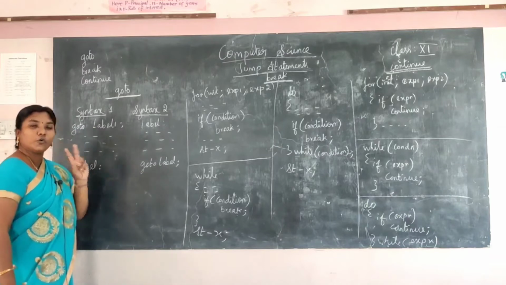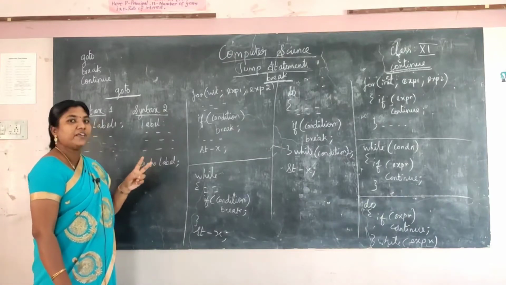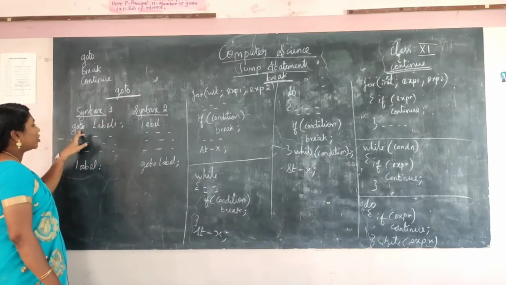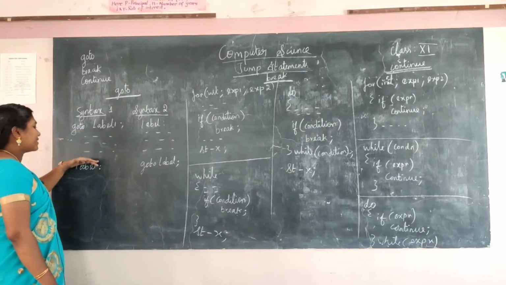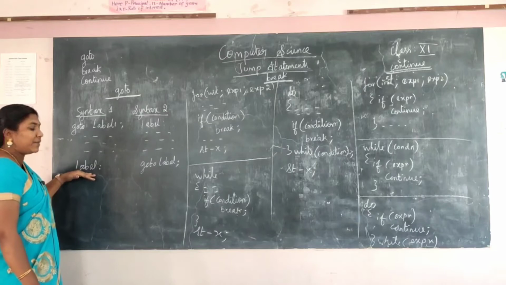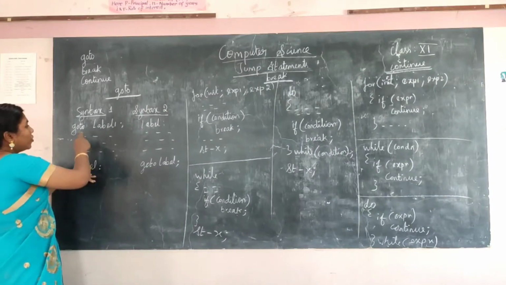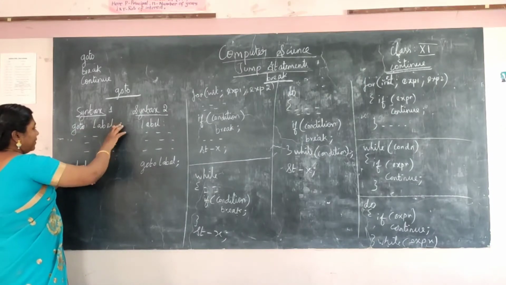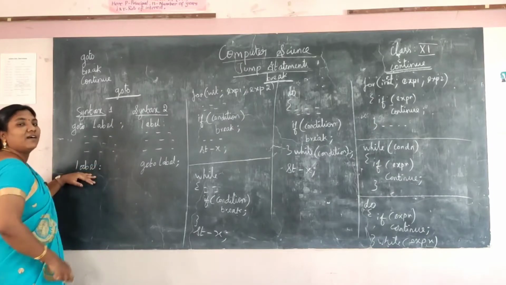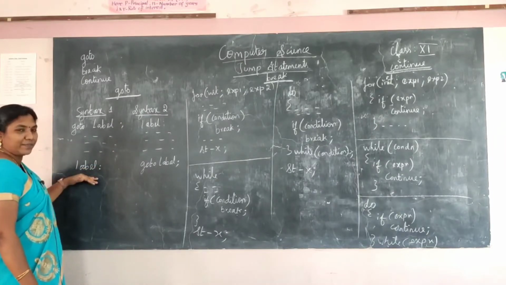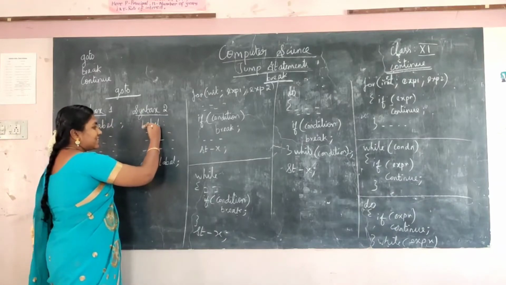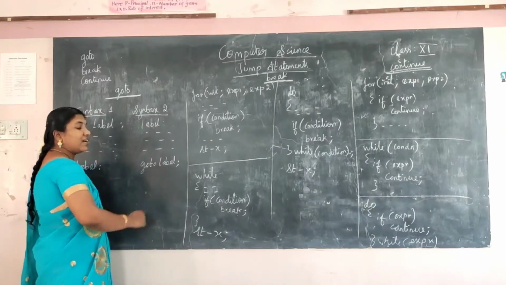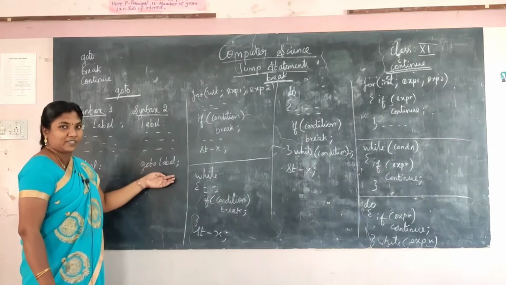See the syntax. There are 2 syntaxes for the goto statement. The first syntax is goto label, where the goto statement comes first, and after some statements the label is given. The second syntax is where the label is given first, and after some statements we have the goto label statement.